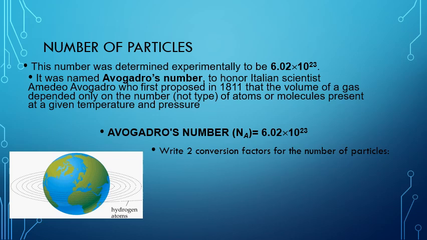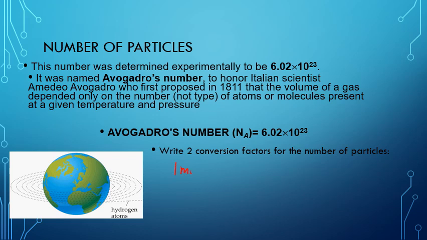So it's a really, really large number of atoms, so that can give you a sense of just how small those atoms are. So when we are looking at these conversion factors, we want to write a conversion factor for the number of particles two different ways. Every single problem, you're going to use one of these two conversions.